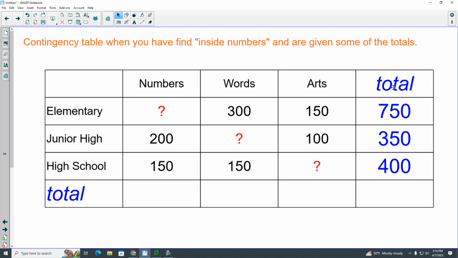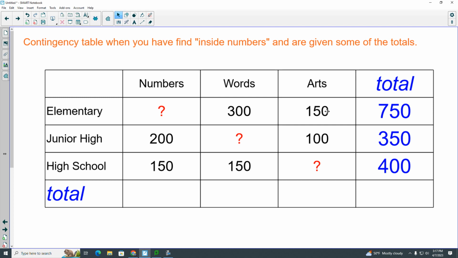So since they give us this column total over here, I'm actually going to look at everything as rows. So my elementary students, something plus 300 plus 150 would have to equal 750. So what I'll do is I'll just take my total and I'll subtract away.